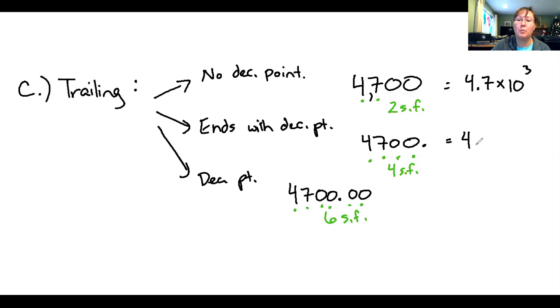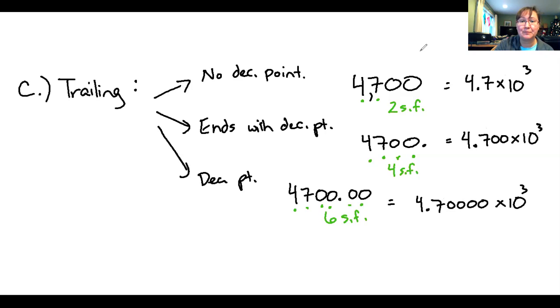This one would be 4.700 times 10 to the third. And this one would be 4.70000 times 10 to the third. And then we keep 2 significant figures, 4 significant figures, and 6 significant figures. Okay, this is tricky, so don't worry if it might take more than one go.